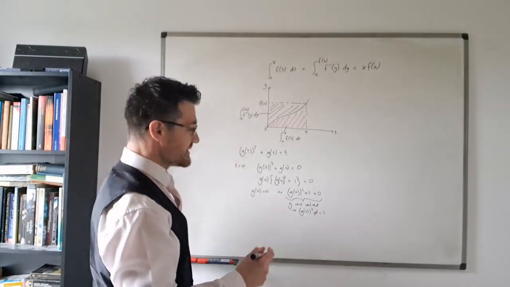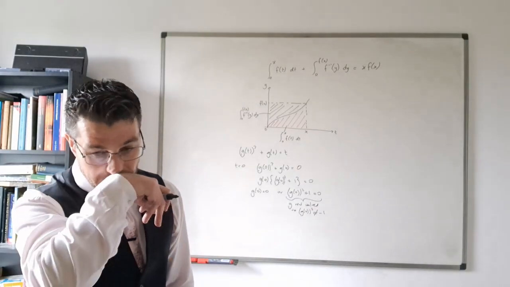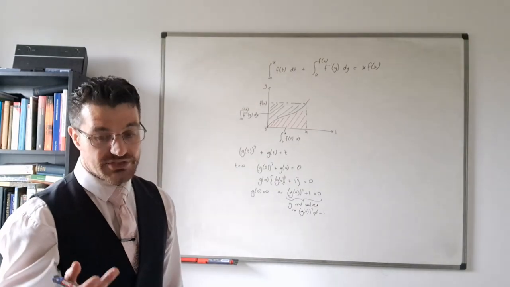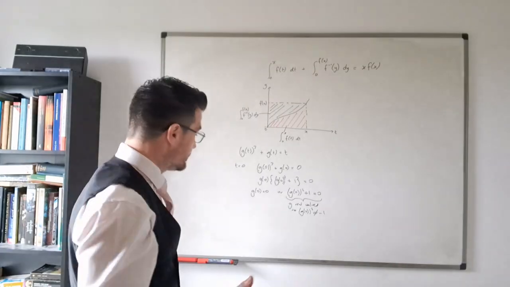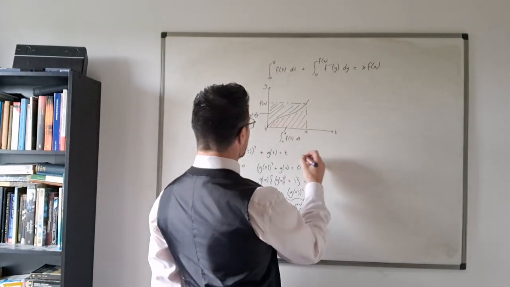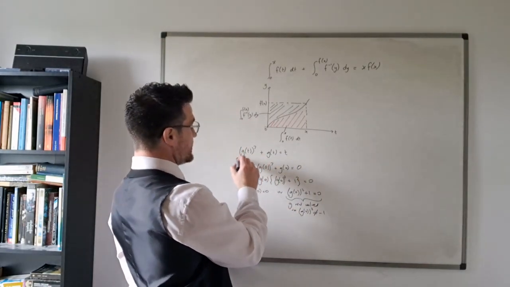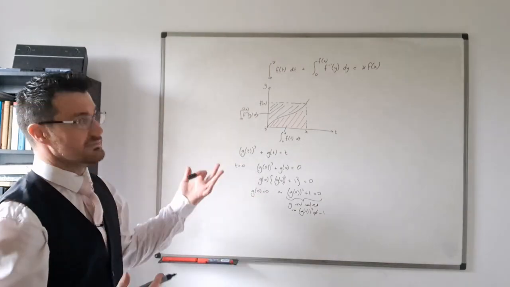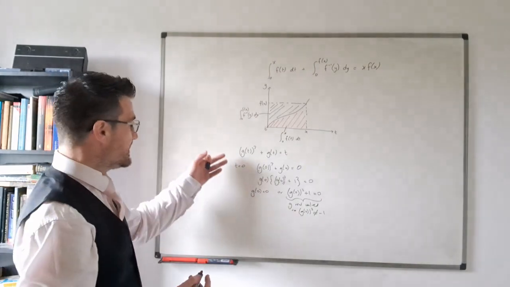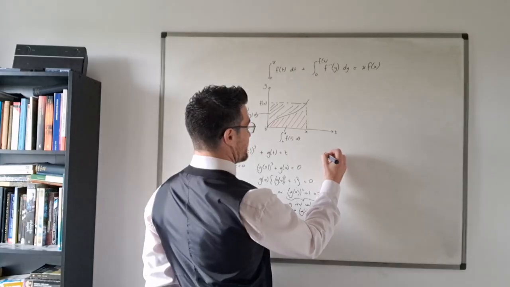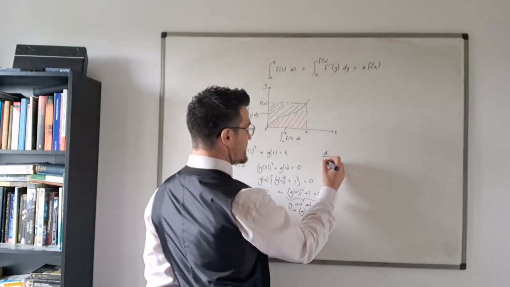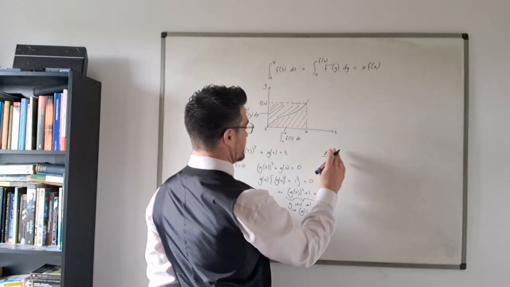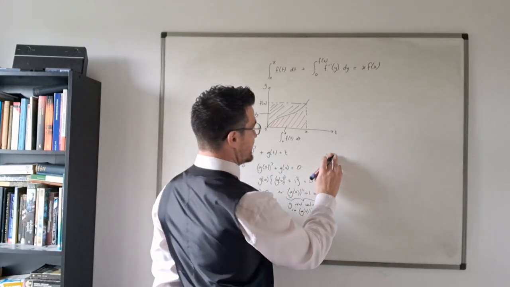Okay, nice and easy. The next part: show that the derivative g prime of t is greater than 0 for all t. Okay, so let's have a look. What I'm going to do, I'm going to use implicit differentiation maybe here. So differentiate each side of this with respect to t. So what am I going to get?